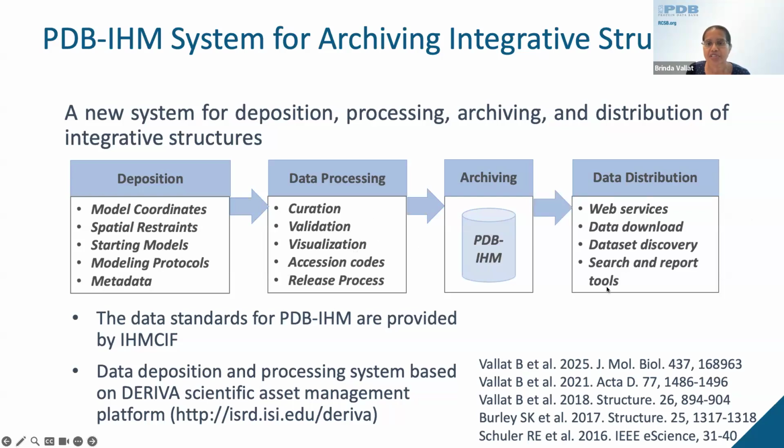The data distribution system includes a website that provides search and browse functionalities, access to downloading the model coordinates and validation reports, and tools for visualization. Together, these constitute the data pipeline for the PDB-IHM archiving system.